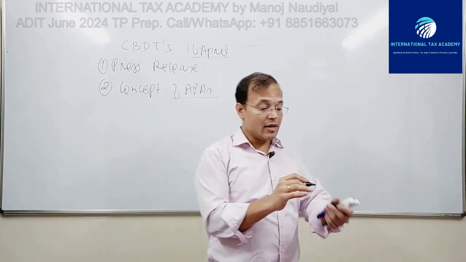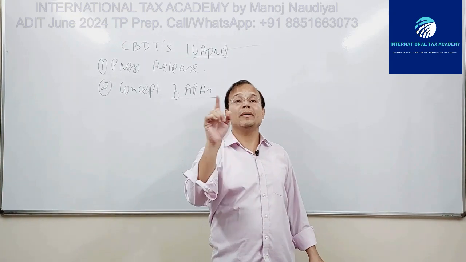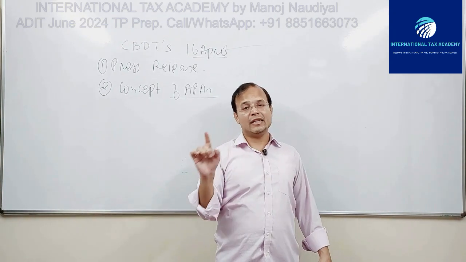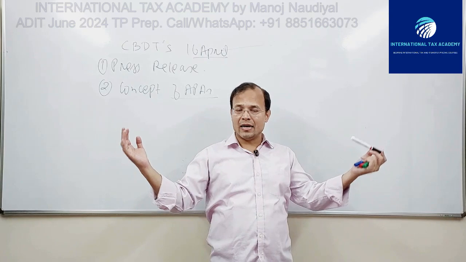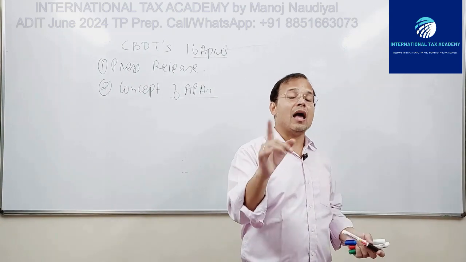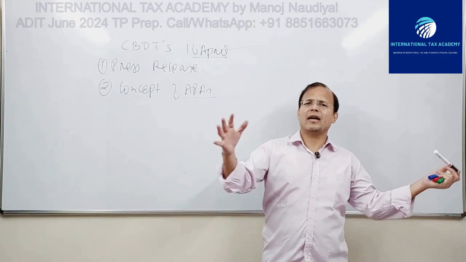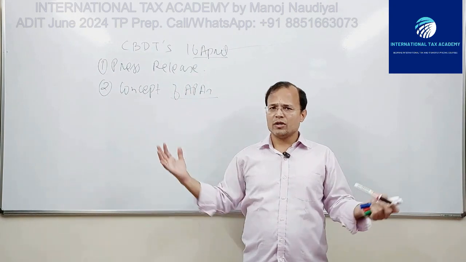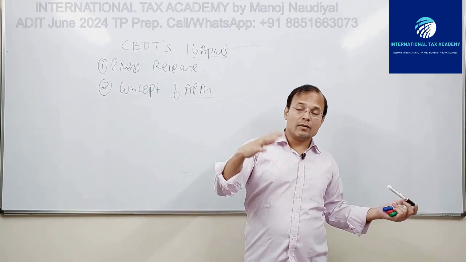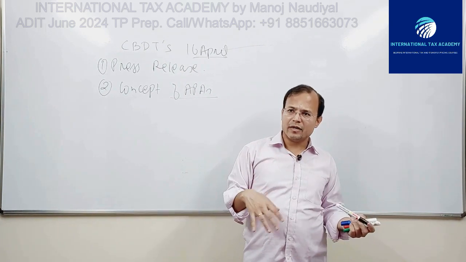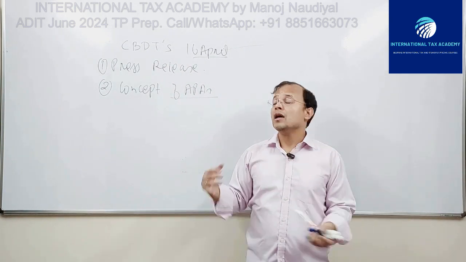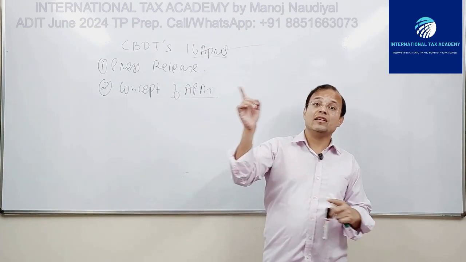APAs are covered in chapter number 4 of OECD TP guidelines. Chapter number 4 of OECD TP guidelines 2022 is titled Administrative Approaches to Avoiding and Resolving TP Disputes. This chapter number 4 comprises of number of approaches including MAP, corresponding mutual agreement procedure and corresponding adjustment, simultaneous tax examination, safe harbors, APAs as well as arbitration.